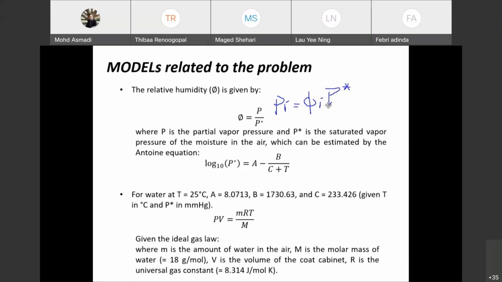Do the same for P final, because your target is 50% humidity. So P final is 0.5 times P prime, the saturated vapor pressure. Can you calculate the answer? What's the answer? P initial and P final.